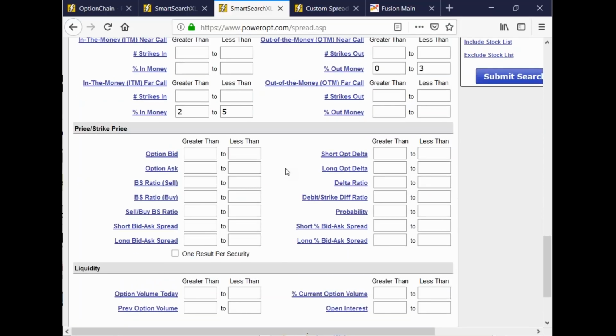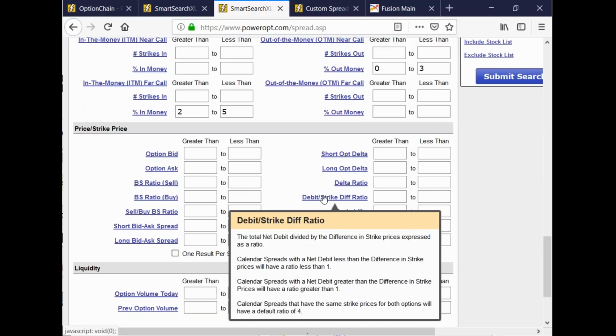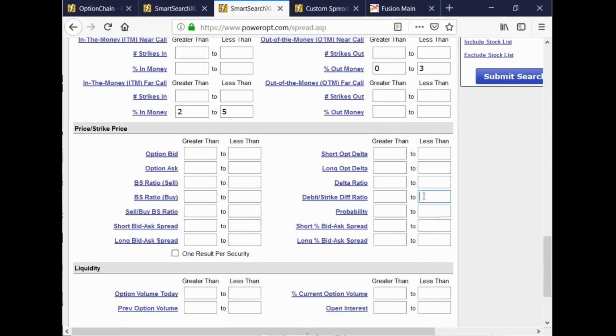One other important factor for criteria I always discuss is the debit strike difference ratio. What is this? This is the net debit that you're paying into the calendar divided by the strike differences. I want this to be less than 1 when I'm doing a diagonal. Why?